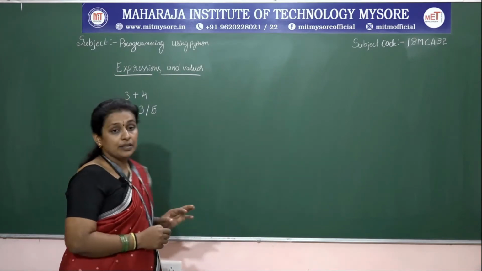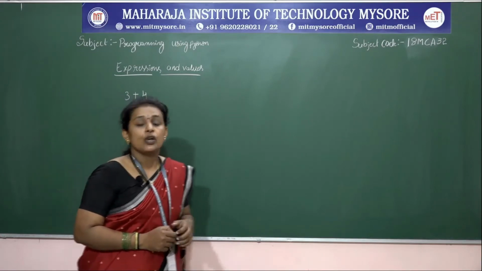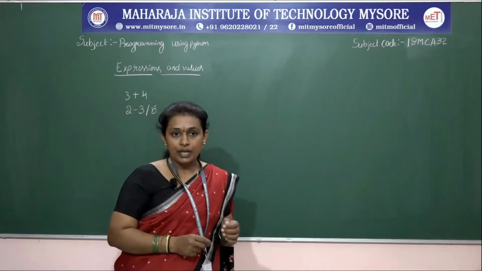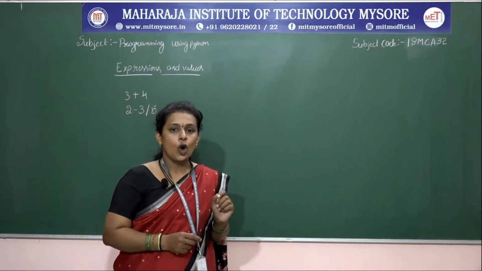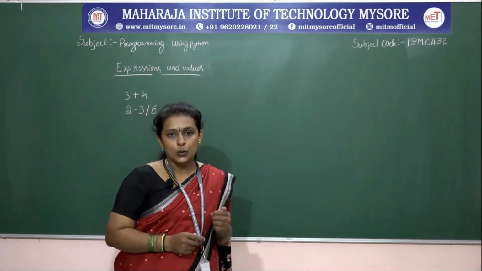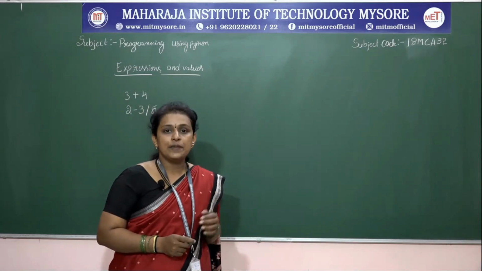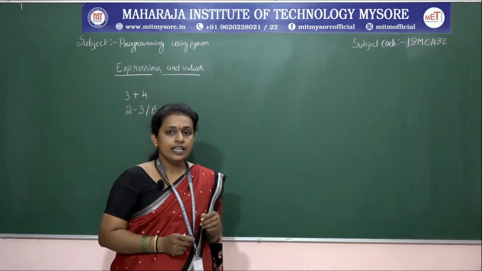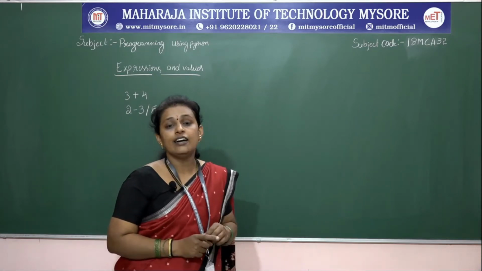So in mathematics, an expression contains values and operators. In terms of programming, an expression is a legal combination of symbols that represents a value. I am repeating, in programming, an expression is a legal combination of symbols that represents a value.